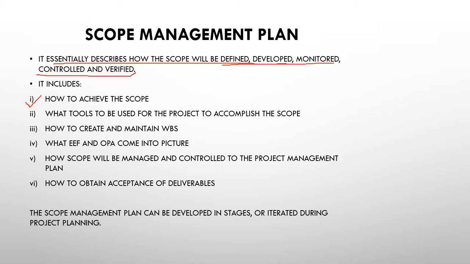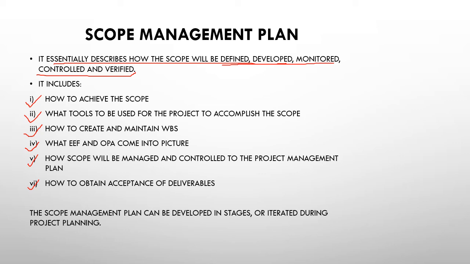Second is what tools you will use for the project to accomplish the scope, how to create and maintain WBS, work breakdown structure, what environmental factors and organizational process assets come into picture, how scope will be managed and controlled to the project management plan. How to obtain acceptance of deliverables? What criteria, what parameters are you going to set for the acceptance of your project deliverables?